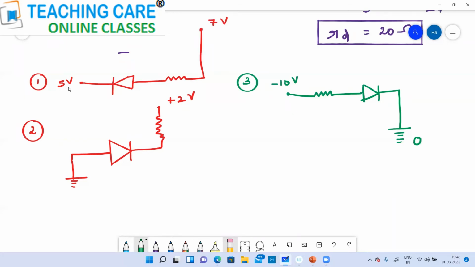Yes, it is also reverse biased because P side is at higher potential minus 10 volt and this is at lower potential. Correct.